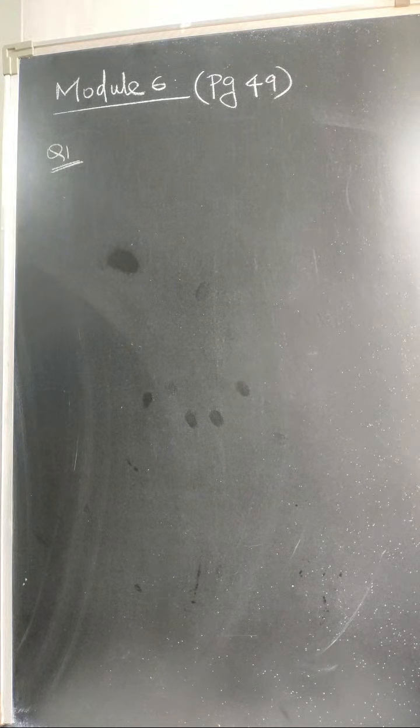The first question says, two sound waves having wavelength 87 and 88.5 centimeter, when they are superimposed, produce 10 beats per second. Find the velocity of sound wave. Okay, question number 1.